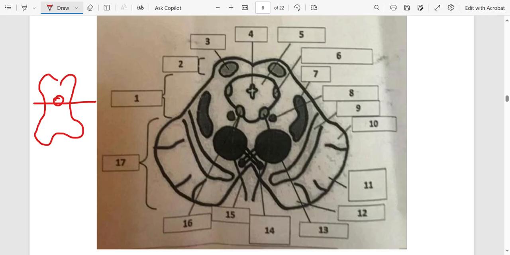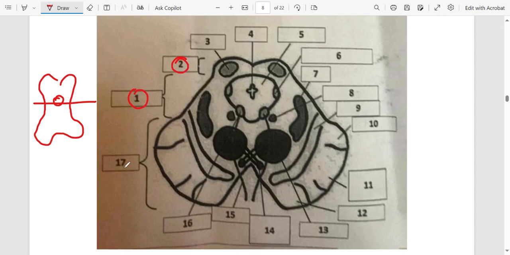Okay, so those four parts. When you look at the parts that I've mentioned, the tectum is posterior. The other ones are going to be more anterior. So what has been labeled as 2 here, that's a posterior part, that's a tectum.